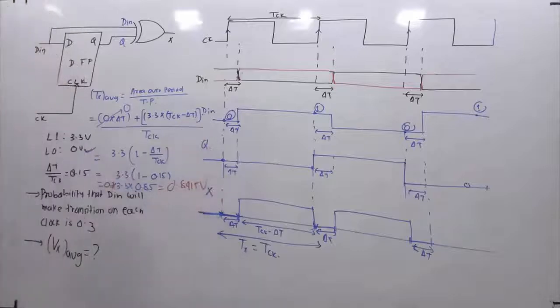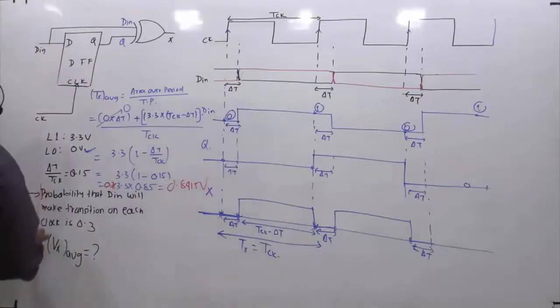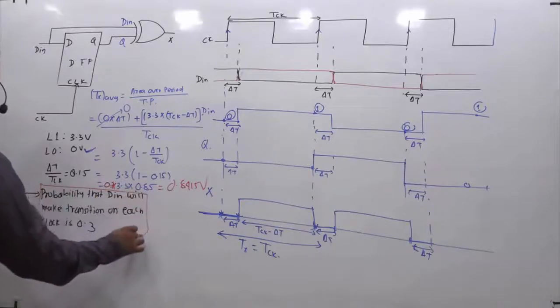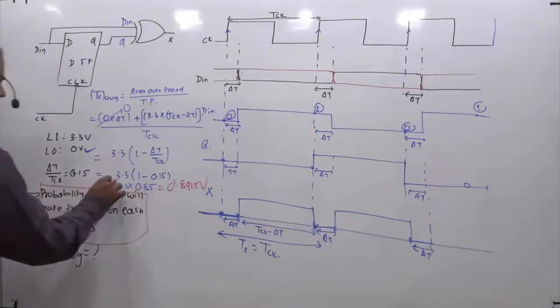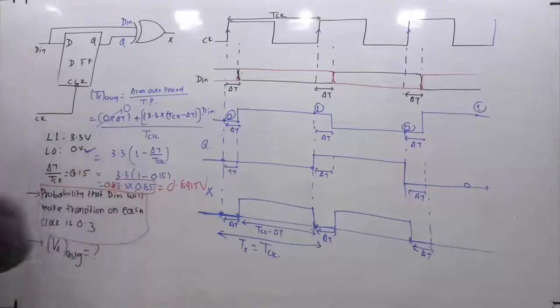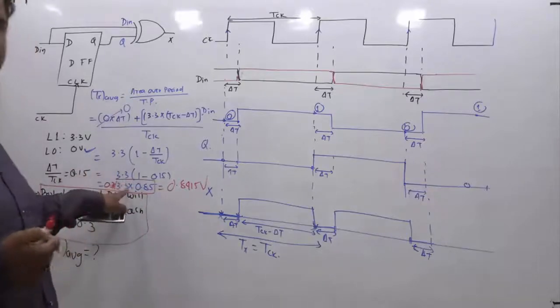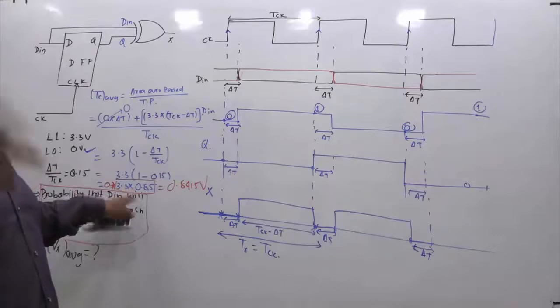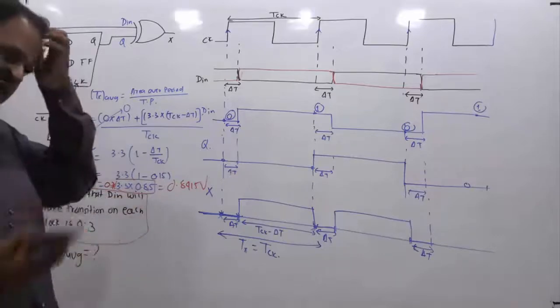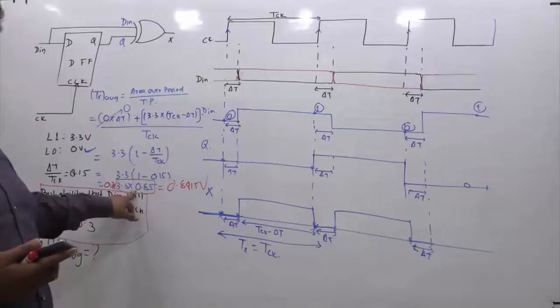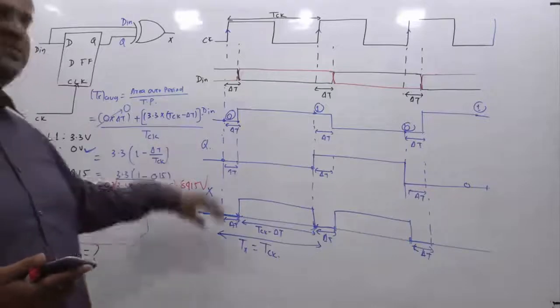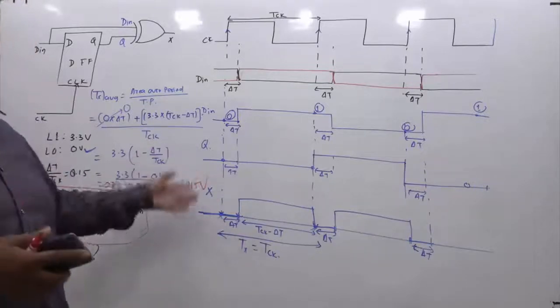If this information had not been given, the answer would be only 3.3 into 0.85. But because the probability of this happening is not 1, I cannot say that is the answer. This waveform happens with probability 0.3.